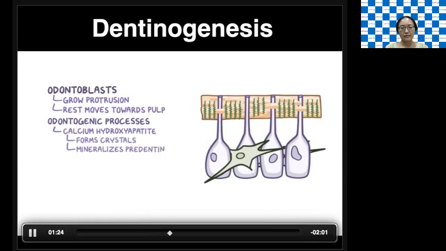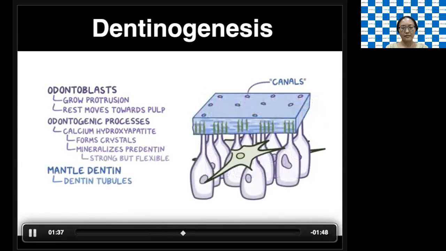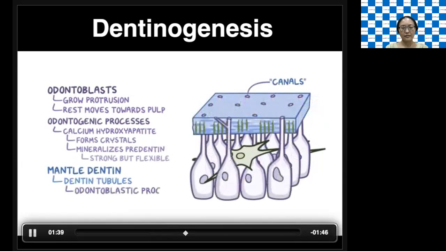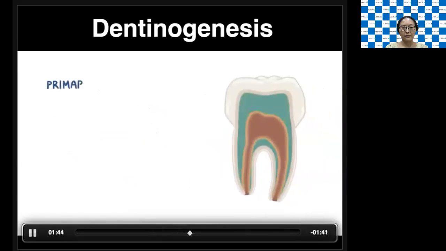This mineralization is like concrete that settles around the rebar to make the mantle dentin layer very strong but also flexible. The end result is mantle dentin, which has numerous tiny canals, which are the dentin tubules, each containing an odontoblastic process. The next layer of dentin is called the primary dentin, and it's the thickest layer.